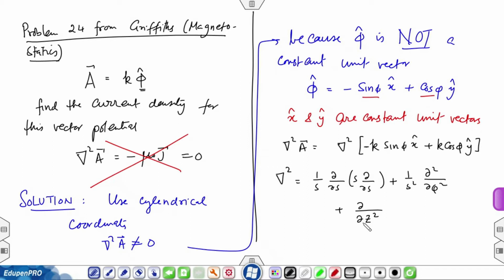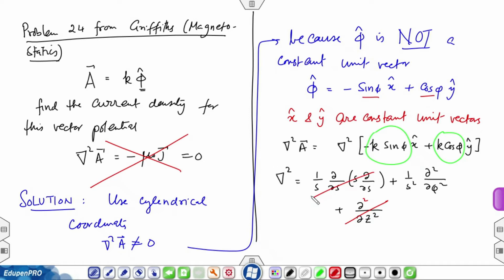Since both the quantities here, which I am encircling with green, depend only on phi, the terms d by dz square and d by ds are not going to contribute.